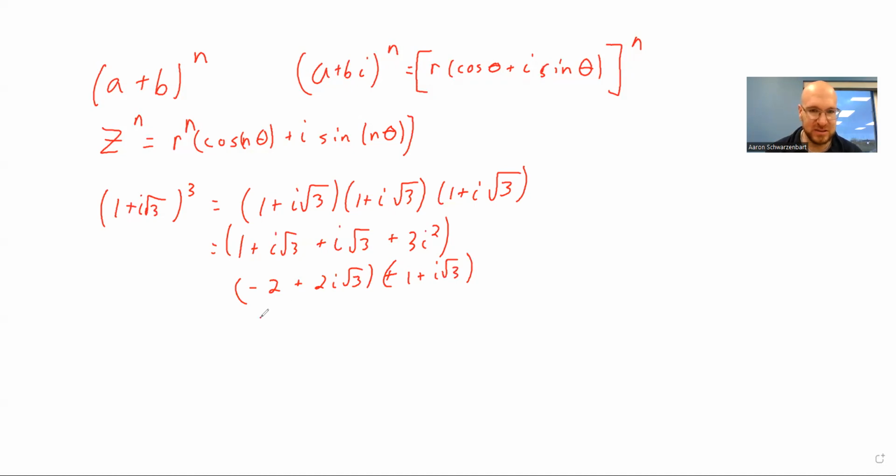And that's negative 2 minus 2i root 3 plus 2i root 3 plus 2i squared times 3. And that is negative 2. The middle ones cancel, and that's negative 6, equals negative 8. Okay, not that bad. Using DeMoivre's theorem, for the first one, unfortunately I have to convert, which is a bit of a pain, but that's okay.